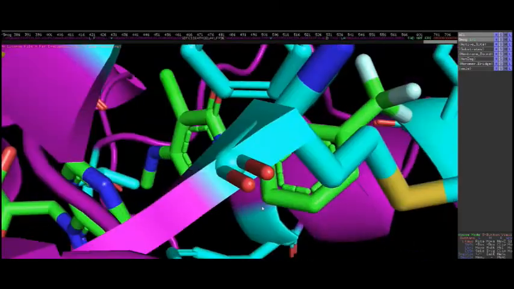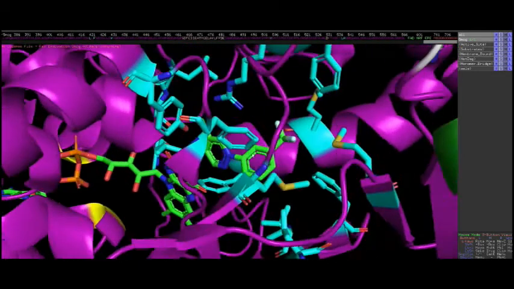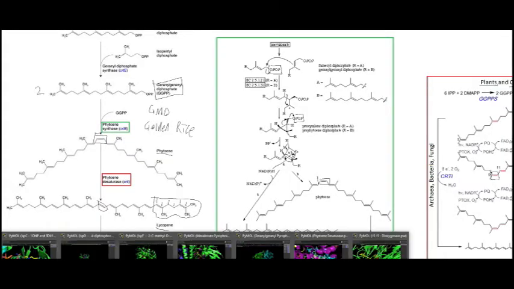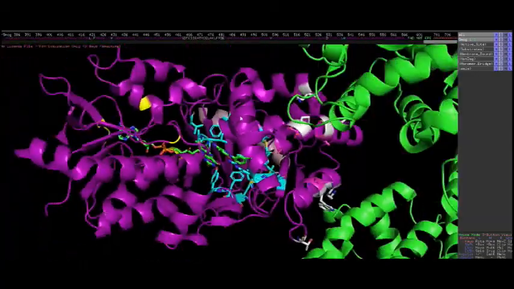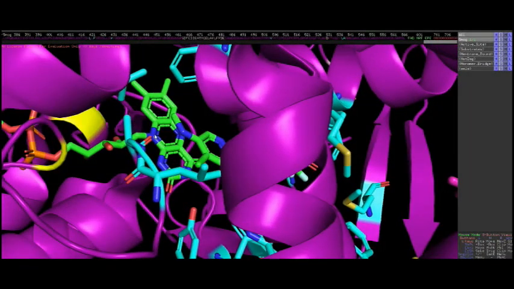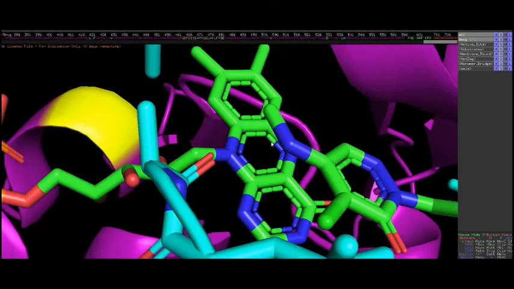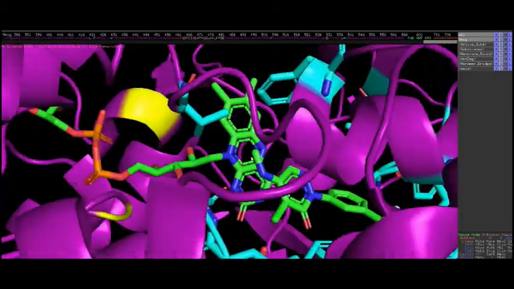It has these two rings on it, and it goes into the active site where our substrate would be, and it's inhibiting this enzyme here. So you can see how that goes close to this FAD, to the flavin here, which, if we had our substrate in here, would be close enough that it could be pulling electrons off of our substrate.